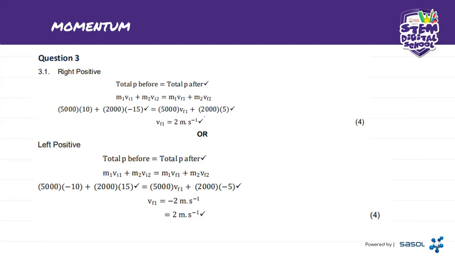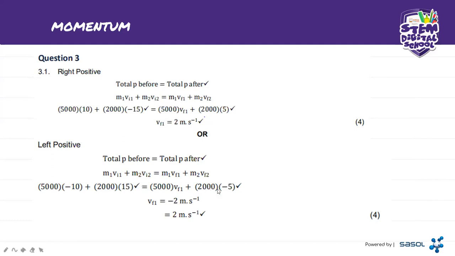So when we substitute, we're going to make vf1 the subject of the formula, and it's going to be a positive answer, which means that it's going to be 2 meters per second to the right. This answer is not complete. It needs to say 2 meters per second to the right. And then if we had chosen left as positive, you see what would that change?